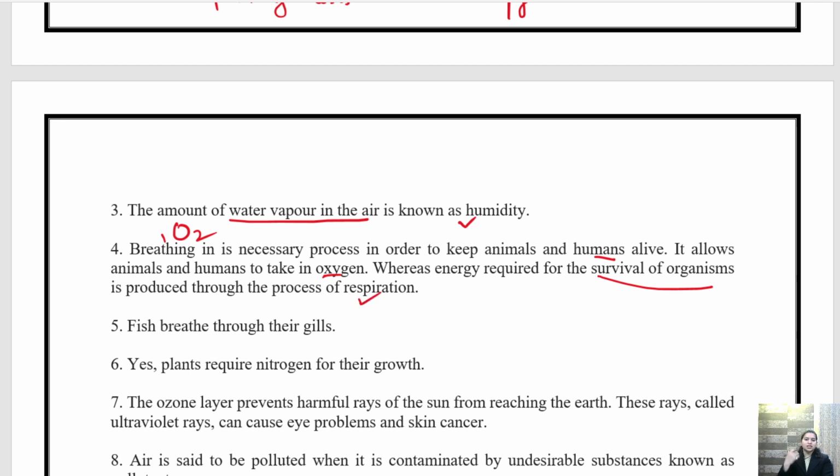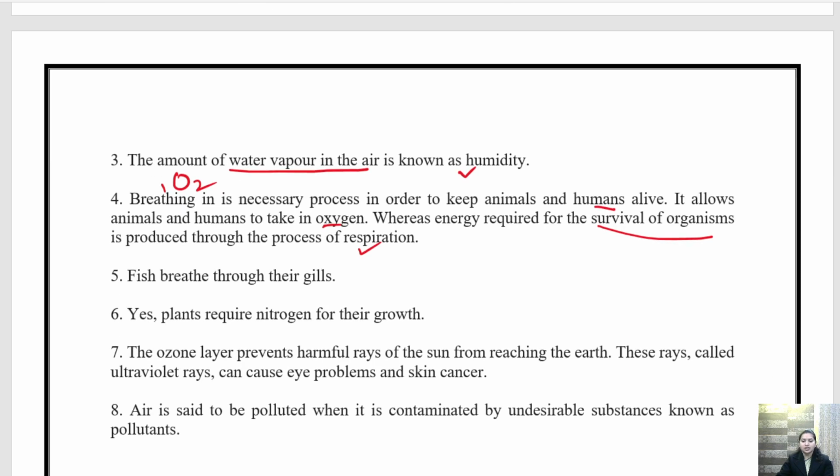Not only breathing is important, children. To do certain work, energy is very important. Even if I am talking, I require energy. You are walking, you require energy. You are playing, you require energy. Isn't it? So from where is this energy generated? It is generated by the process of respiration. Clear? So this is the difference between breathing and respiration.